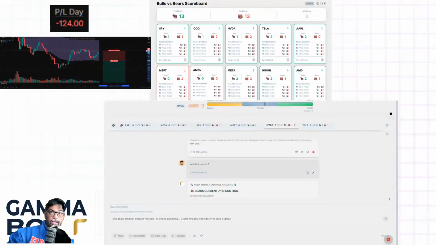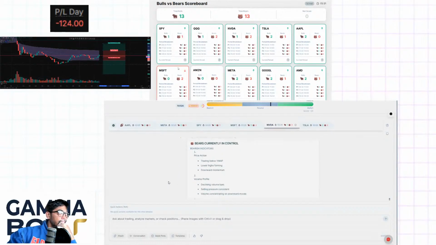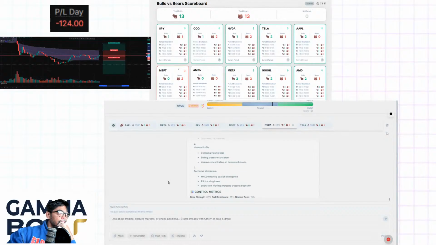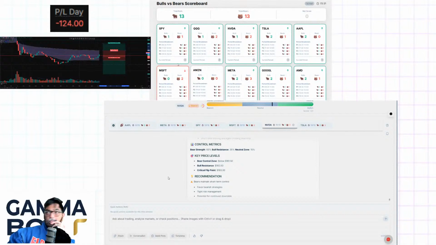If it breaks through here, then I would wait. So bull resistance is 182.50, which is right here. That's been tested a couple times already.